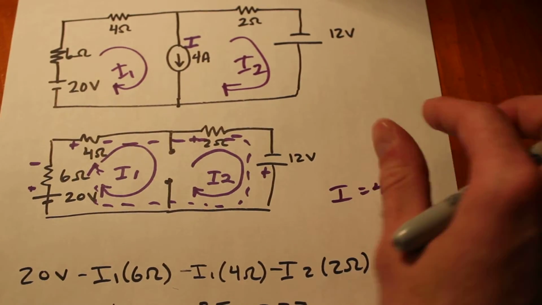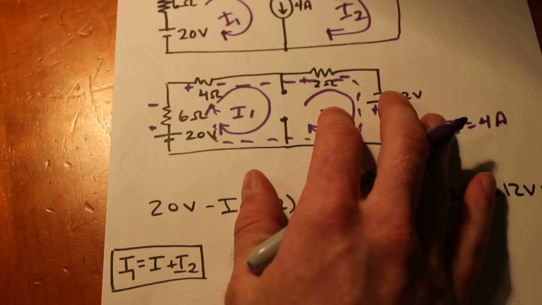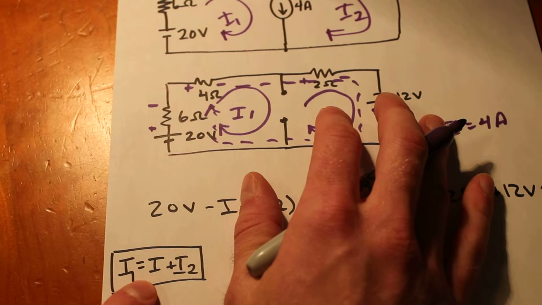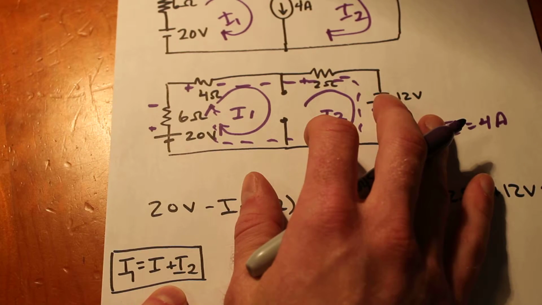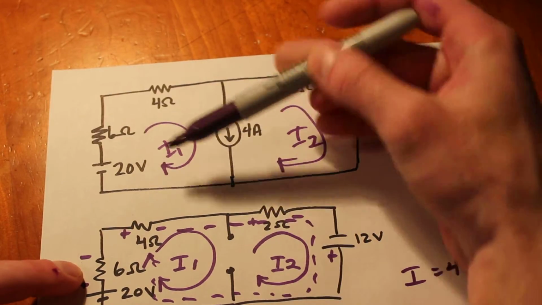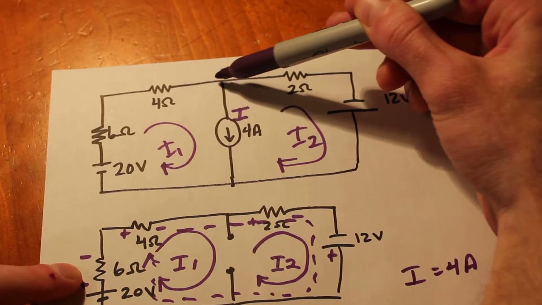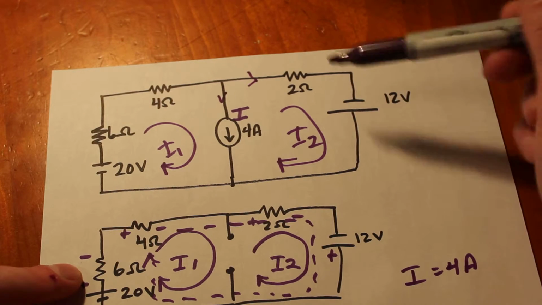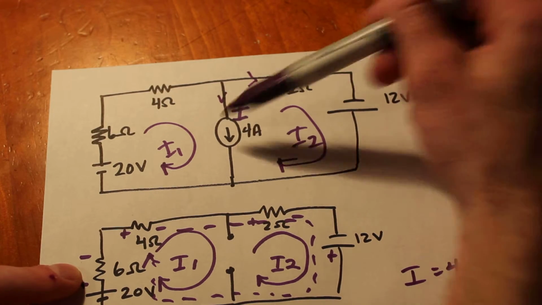So the next thing we can look at is I1 equals I plus I2. So you see that I1 going around in the circle, coming around, and it splits. It can go in this direction and in this direction, right? And that's consistent with those two directions.